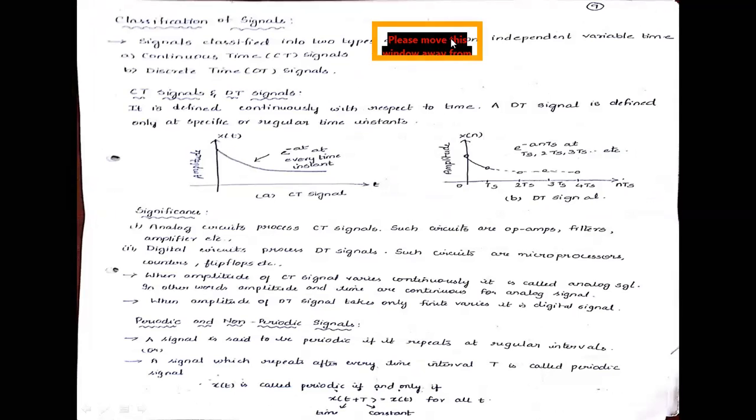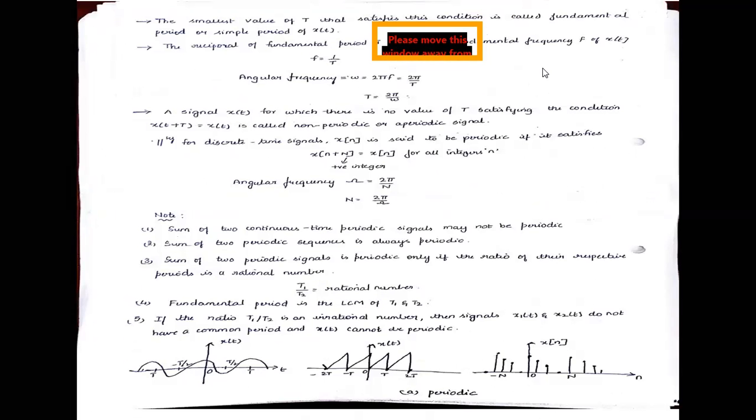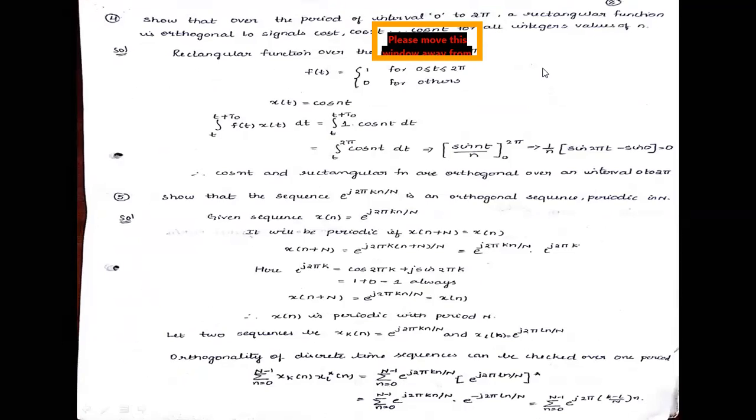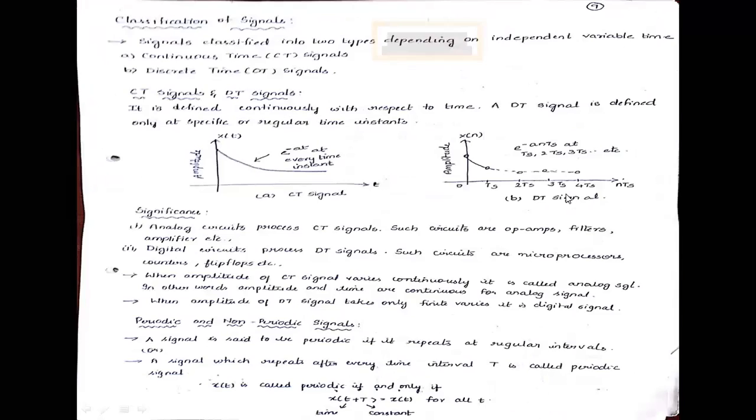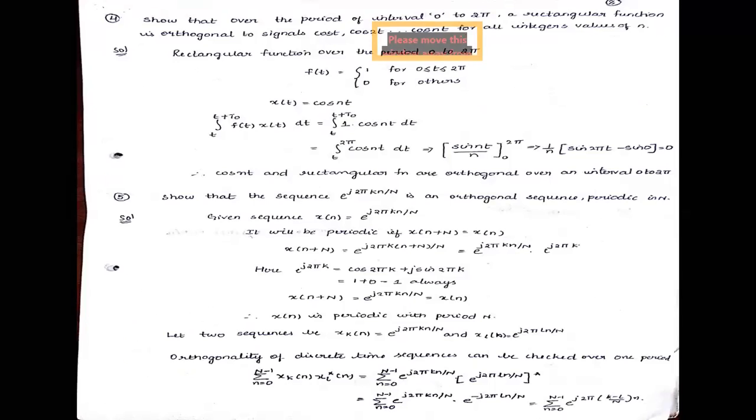So for the term x of n plus N, after replacing small n as small n plus capital N, you'll get the two exponential functions, or the exponential sequence, e power j 2 pi k n by N and e power j 2 pi k. And this function, e power j 2 pi k, the value is 1.